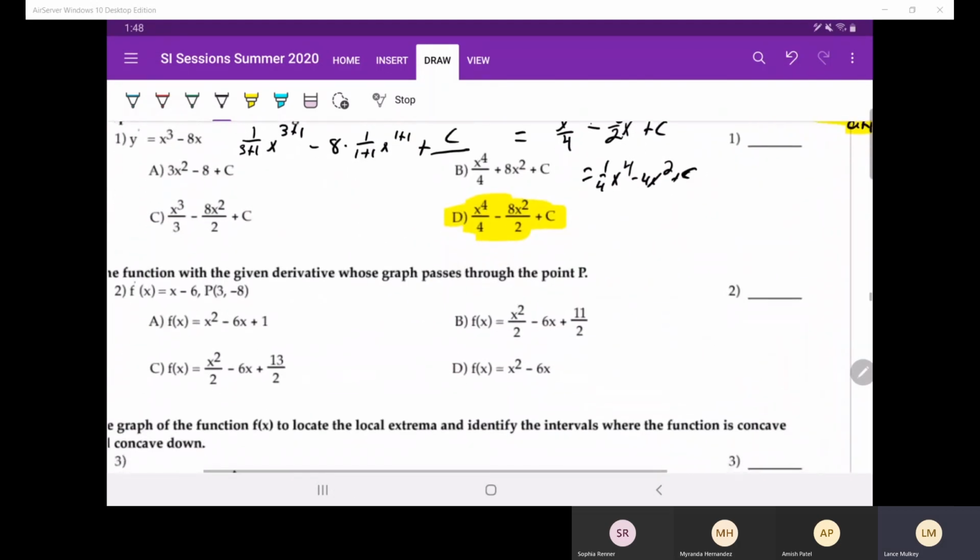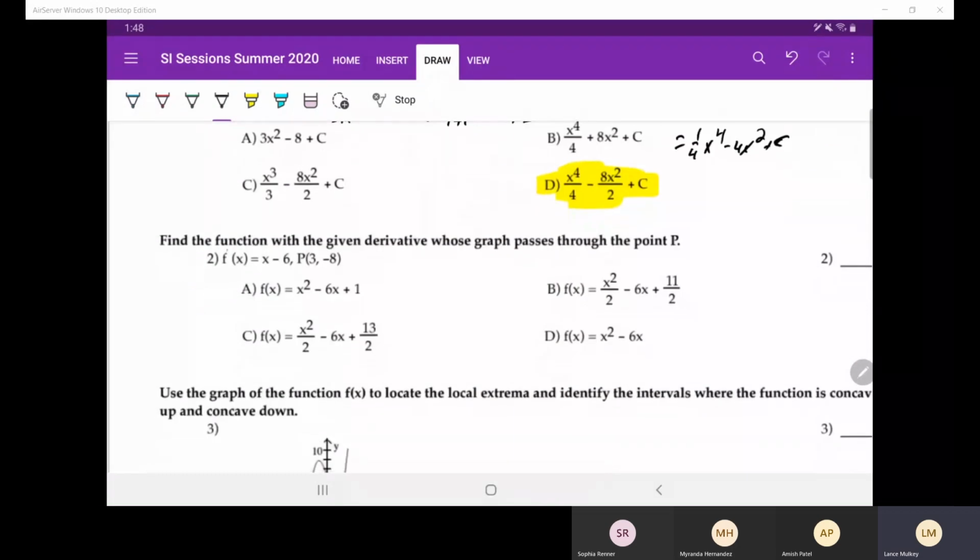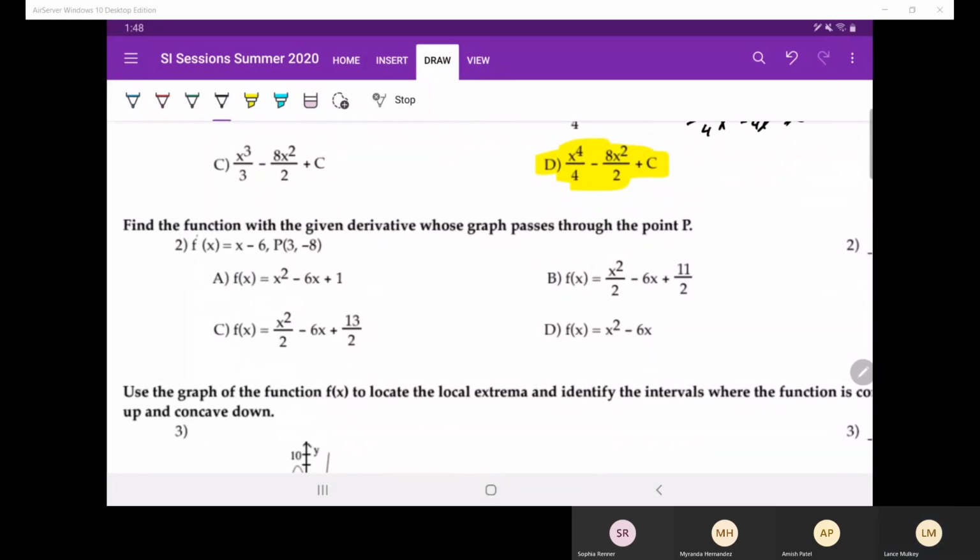All right, so right here, we've got to do the same thing. F of x equals 1 over 1 plus 1 times x to the 1 plus 1, minus 6 times 1 over 0 plus 1, x to the 0 plus 1, because it's understood 0 plus c.